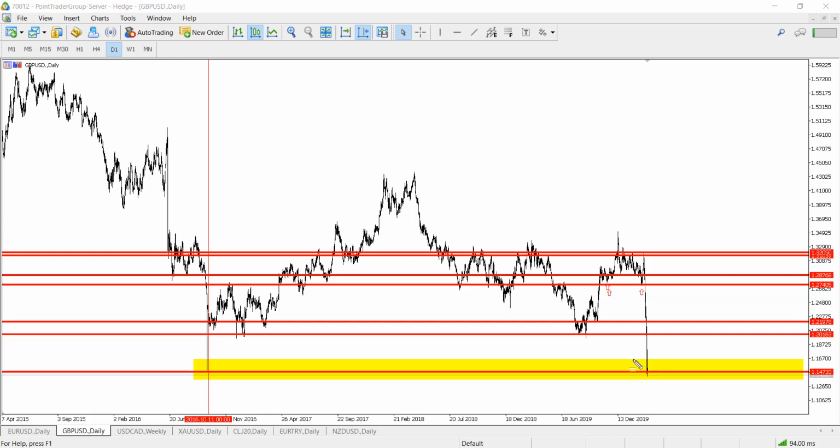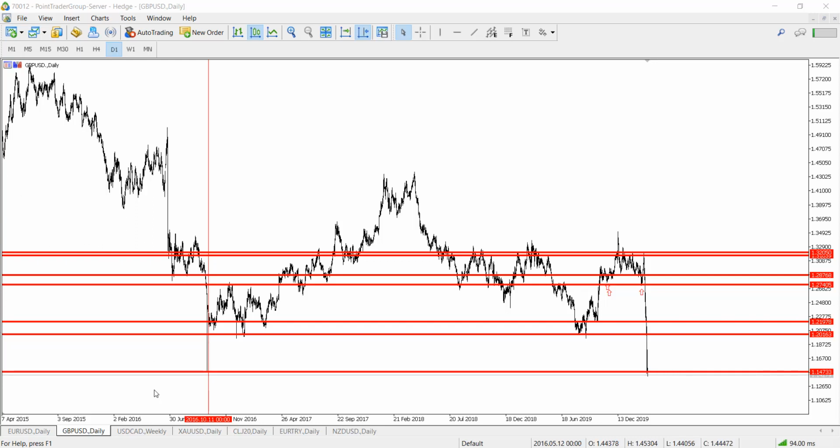This week the pair should close above this level, and this could be a signal that the pair might continue going upwards, might reverse around this level. In this case we can enter the market and go long, because if the level of 1.1470 is broken to the downside with a weekly analysis, at least the pair might go downwards to reach 1.1050. So this is going to be our very first target, and this is going to be very bearish for the GBP/USD.